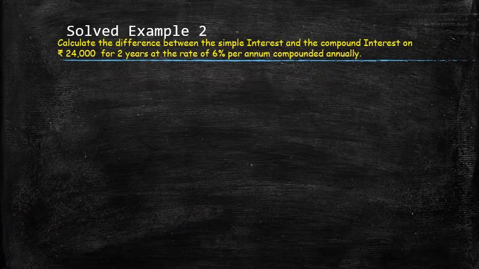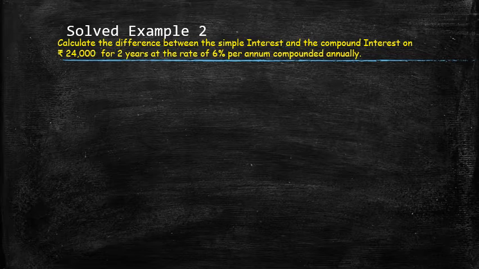Let us solve another example. Calculate the difference between the simple interest and compound interest on rupees 24,000 for 2 years at the rate of 6% per annum compounded annually.